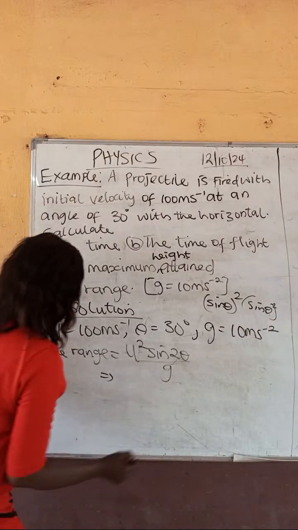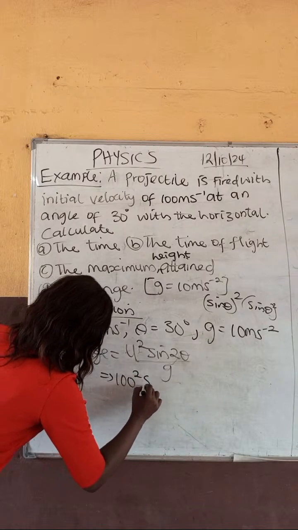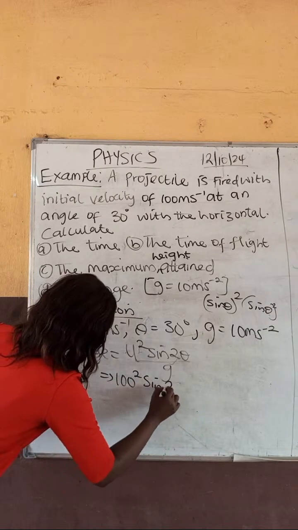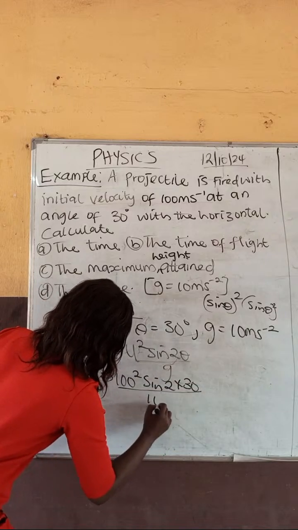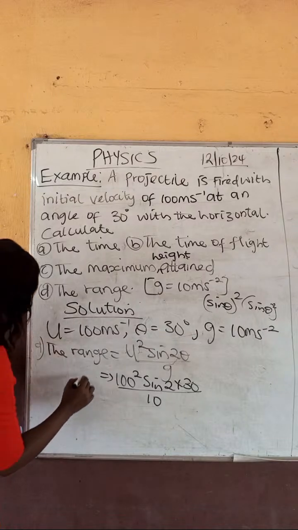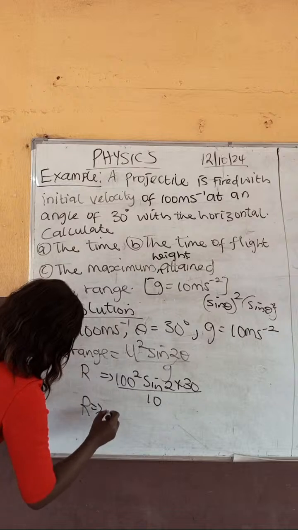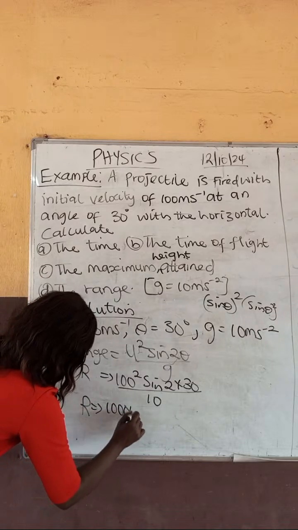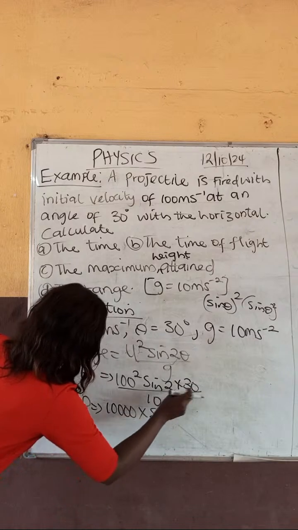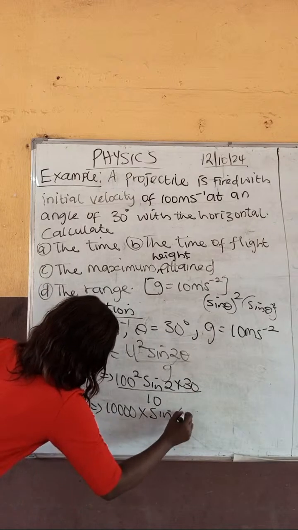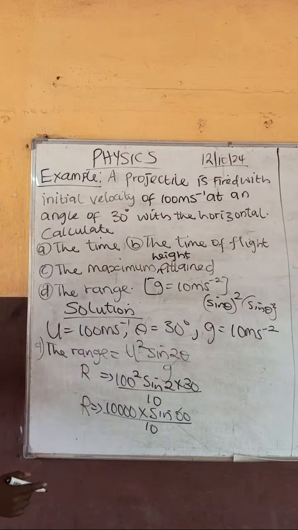Okay, what's my u? My u is 100 squared sine, this is 2 times 30, then divided by what? 10, right? Now 100 squared is 10,000 times, this is 2 times 30 is 60, divided by 10.